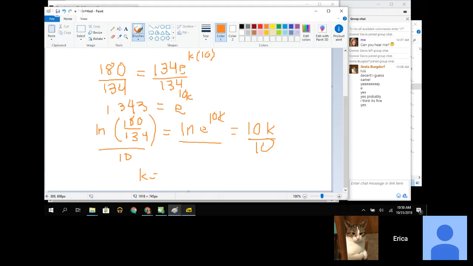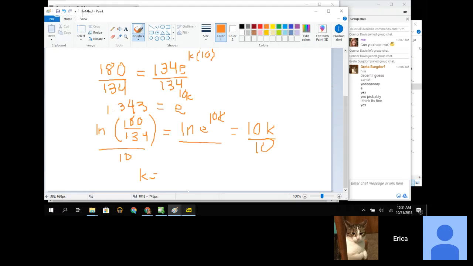You gotta get a better calculator. Desmos, where you at, guy? Desmos. So we're going to take the natural log of 180 divided by 134, and we're going to divide that whole thing by 10.